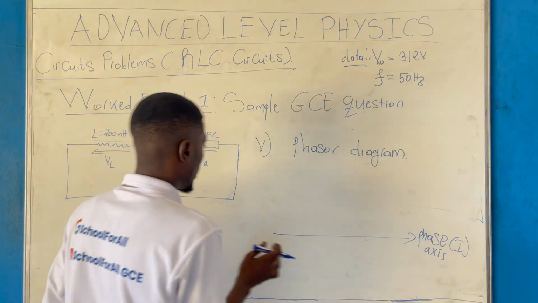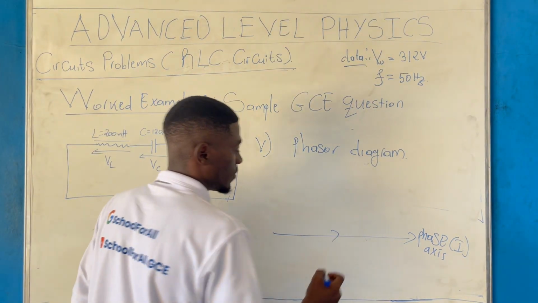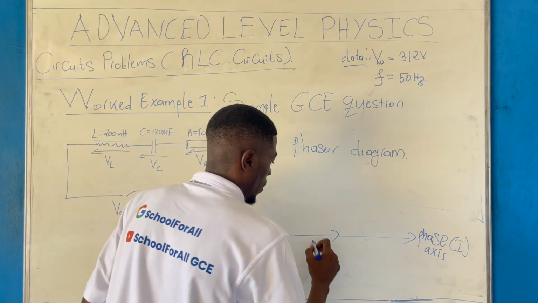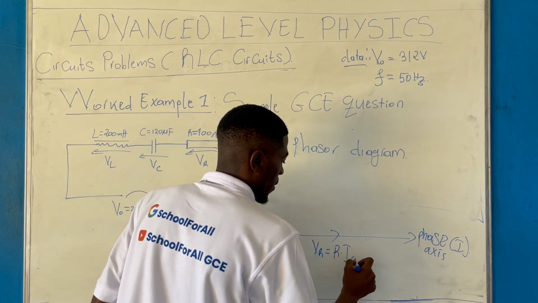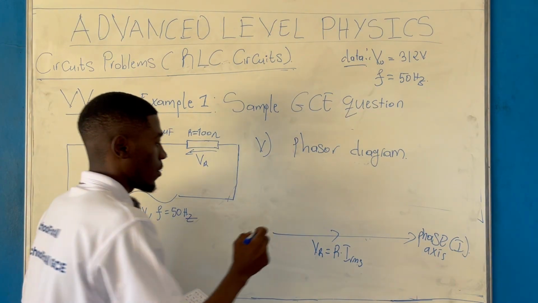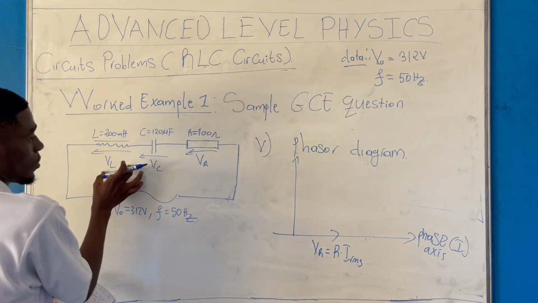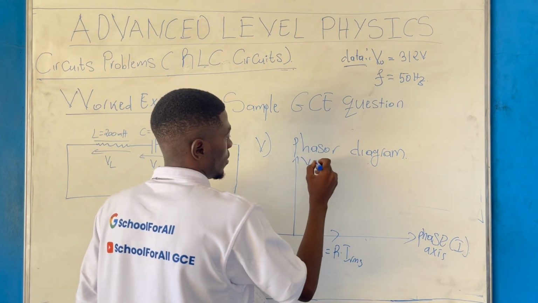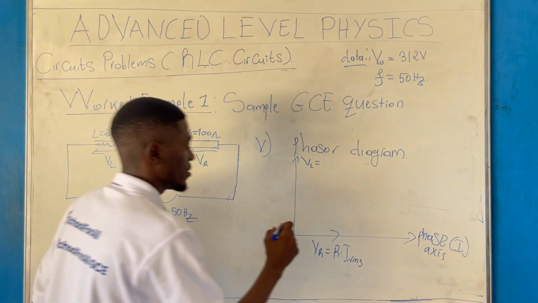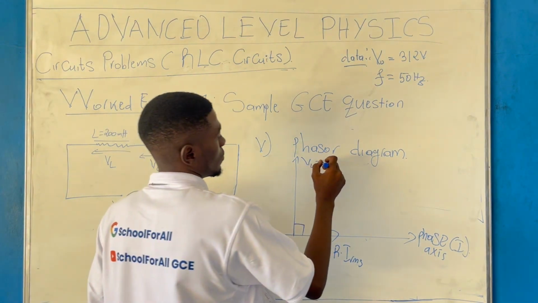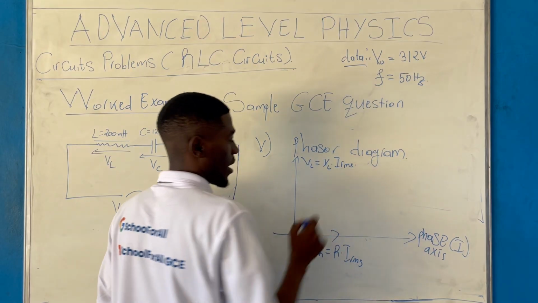Then we know that the voltage across the resistor R is in phase with the current. So I will have VR here, which equals R times IRMS. The voltage across our inductor VL is at a phase difference of 90 degrees, so here we have XL times IRMS.